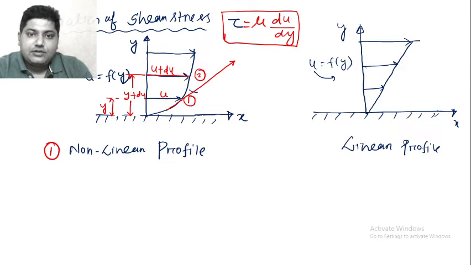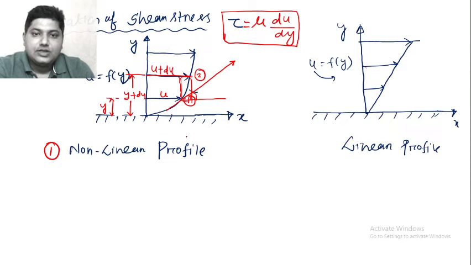Now if you want to find out this slope, suppose I take this angle as alpha.